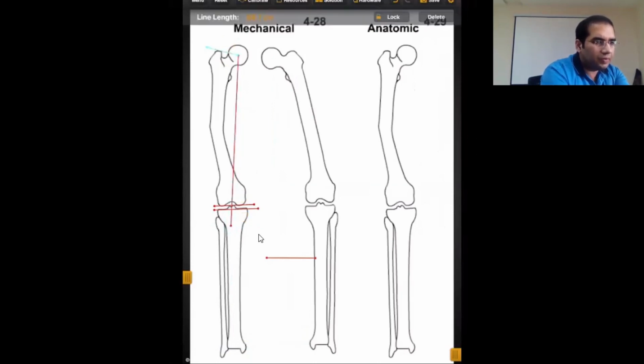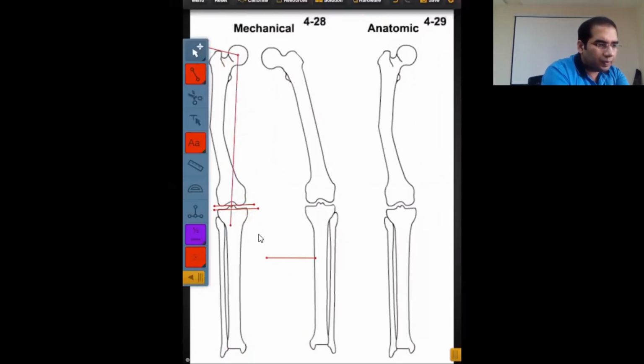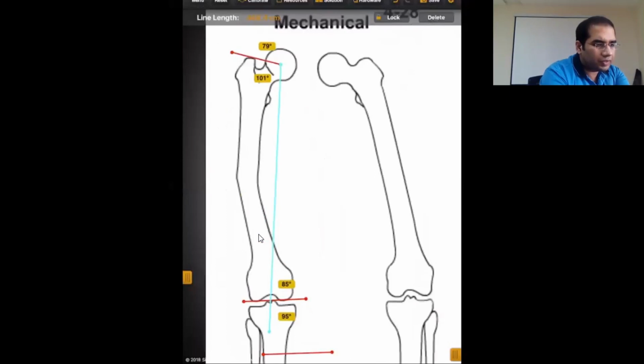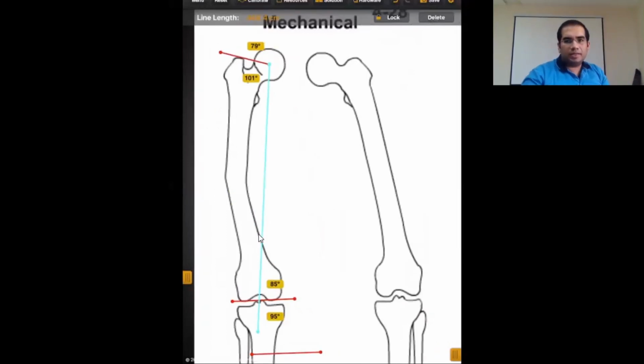And in this scenario, as you can see now, the lateral proximal femoral angle is 101 degrees and the lateral distal femoral angle is 95 degrees.